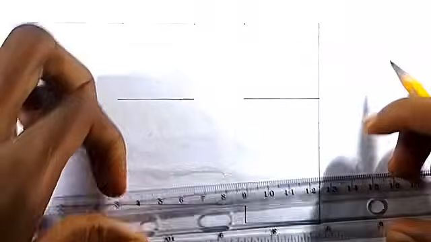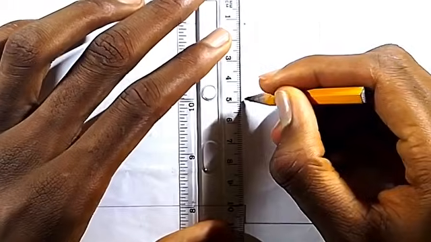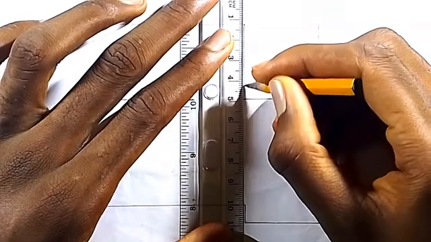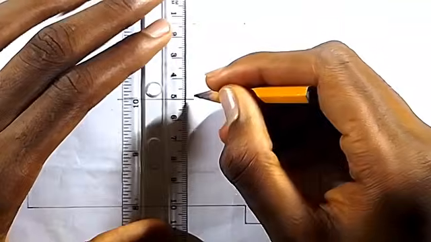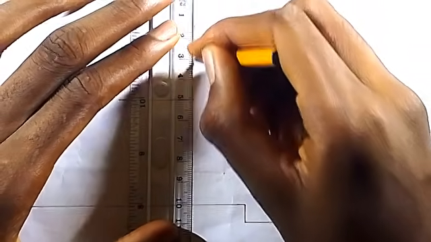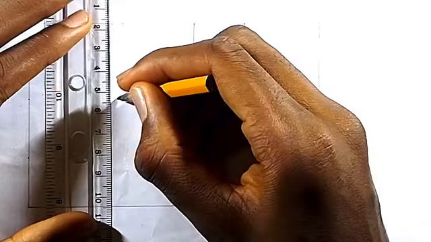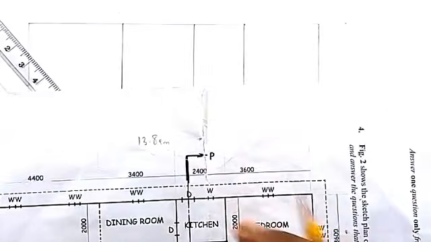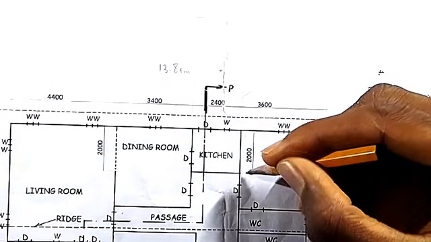Good. So we have these parts, we have to join them. Good. So we have the two bedrooms and the kitchen. The kitchen is 2 cm long.